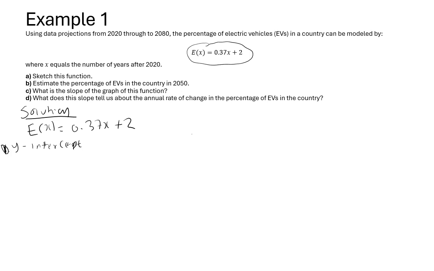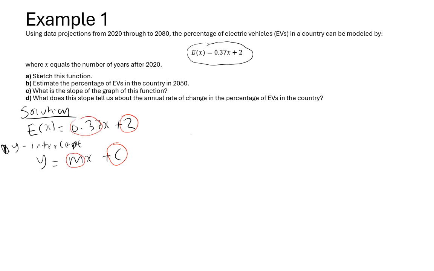We remember that y equal to mx plus c is the representation of a linear graph, the equation of a line. If you compare these two, you can see that this c is the same as this 2, and 0.37 is m.